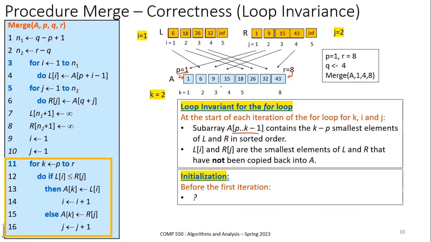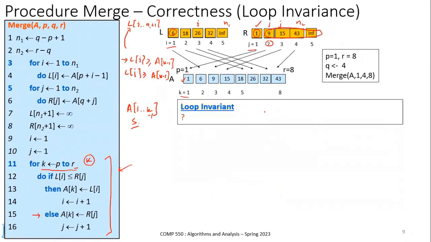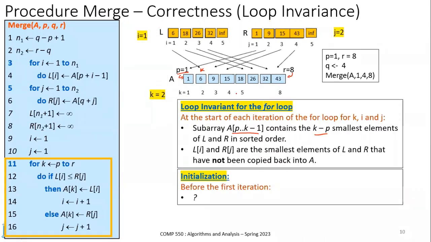Everything from P to K minus 1, so if K is equal to 2, then everything in this range contains the K minus P smallest elements of L and R in sorted order. Everything in this range is sorted, and the number of elements is obvious from counting: K minus P.